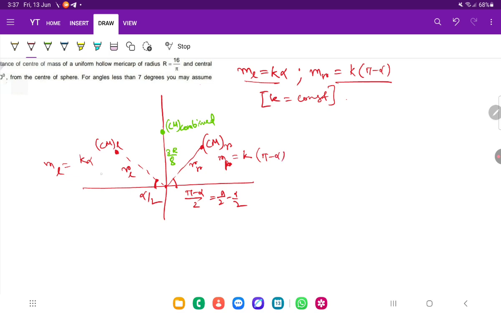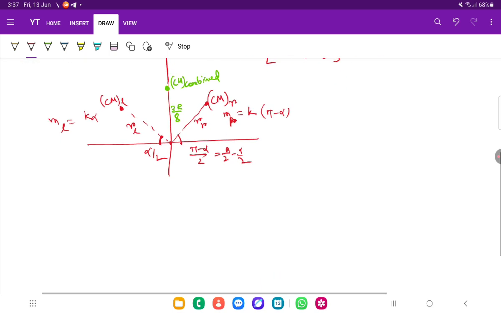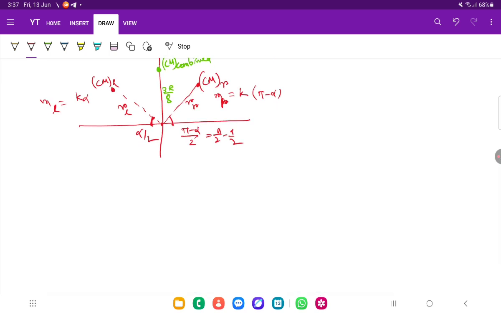So you just know the positions and the coordinates of two different masses and you are trying to find out the center of mass of the combined system. It's kind of a standard problem now, right? So now we will just do this position of center of mass of the combined in horizontal and vertical, I mean the x and y direction. I'll calculate from the two different bodies and will equate with the known result of 3r by 8, right?